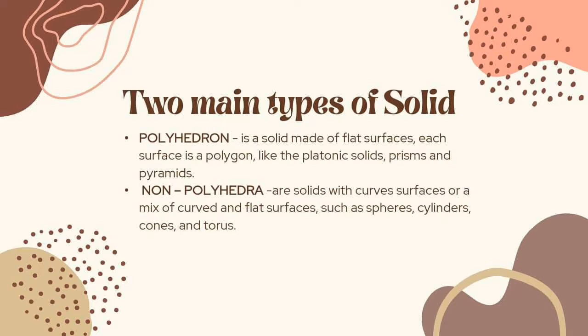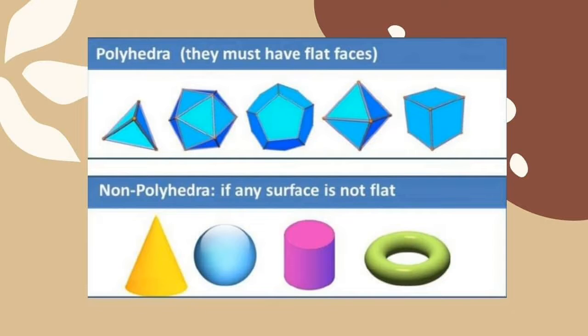Non-polyhedra are solids with curved surfaces, or a mix of curved and flat surfaces, such as spheres, cylinders, cones, and torus. As shown on the screen, these are examples of polyhedra and non-polyhedra shapes. Polyhedra must have flat faces, as you can see, and a solid is non-polyhedra if any surface is not flat.